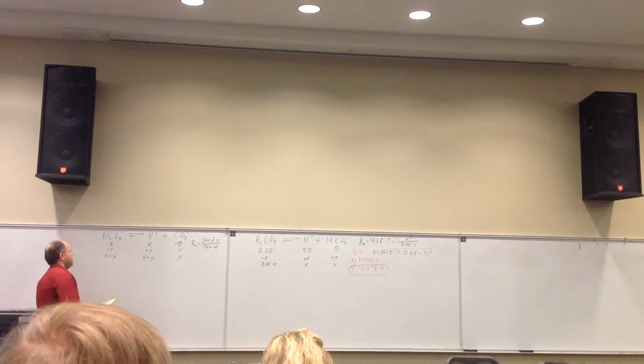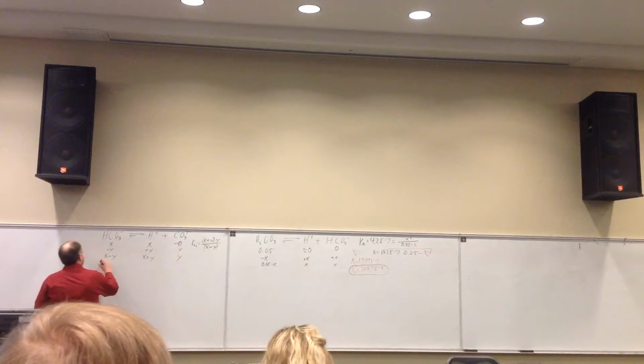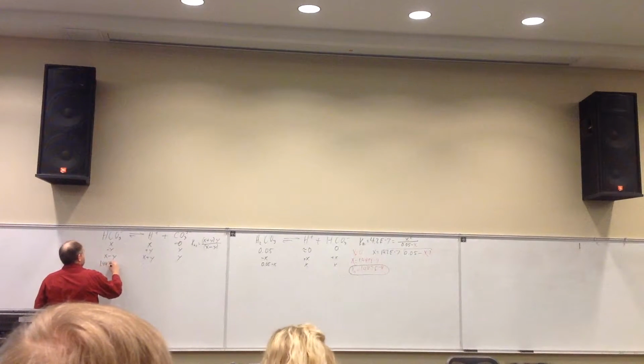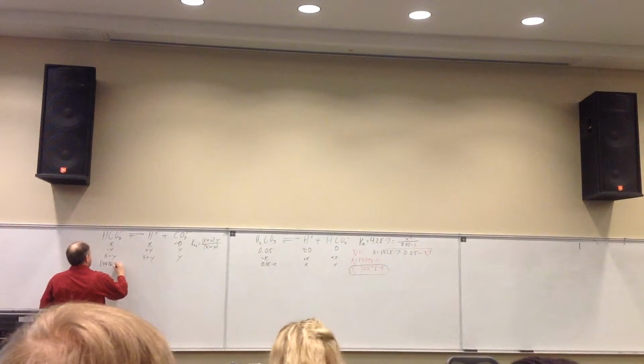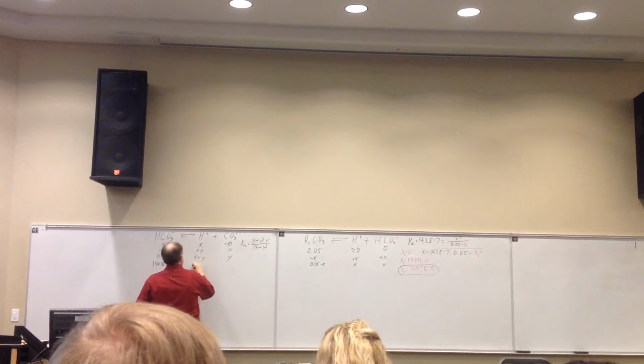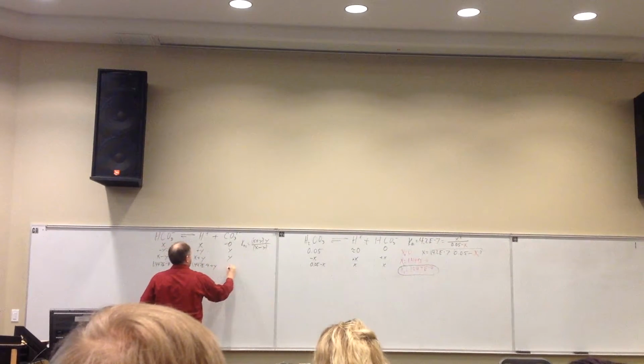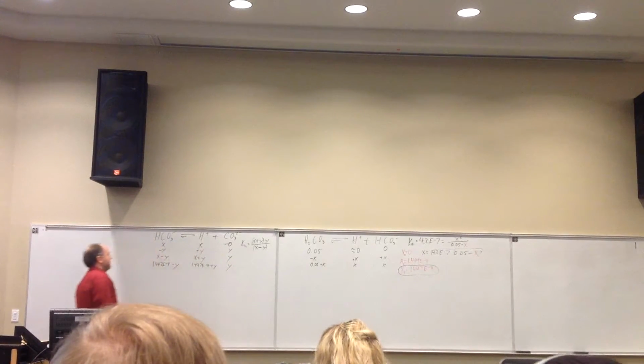Okay? So I'm going to have 1.447 times 10 to the minus 4 minus y. 1.447 times 10 to the minus 4 plus y and y.